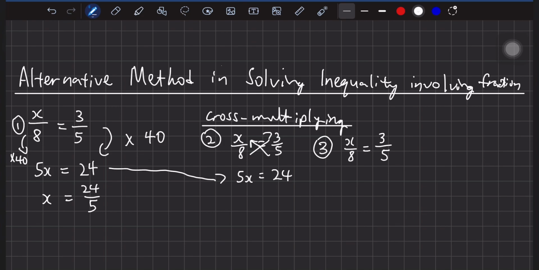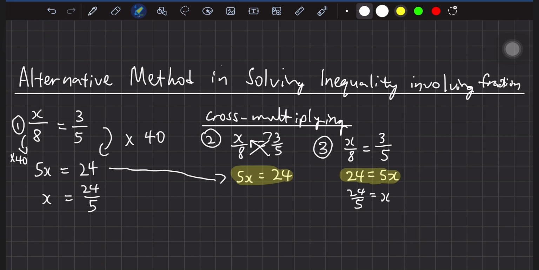Then when we cross multiply, it becomes 24 equals to 5x. Then x equals to 24 over 5. Because it's an equation, whether it is 5x equals to 24 or 24 equals to 5x, it makes no difference.